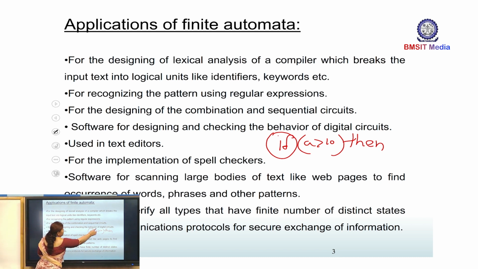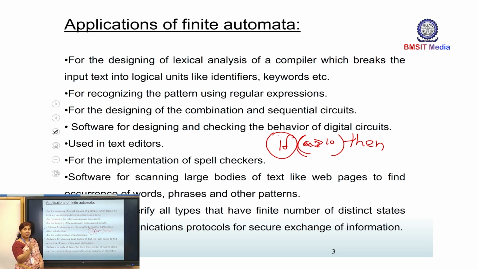Then your brackets, your identifiers, your symbols, all those things will be considered as tokens. So identifying the tokens is the first phase of the compiler. In that phase, to identify the tokens of your statements, the lexical analysis phase is used.